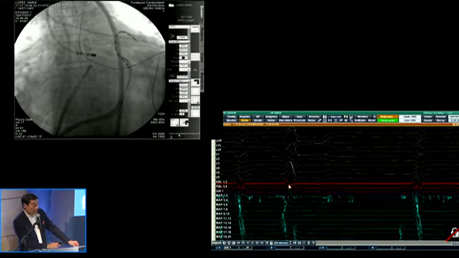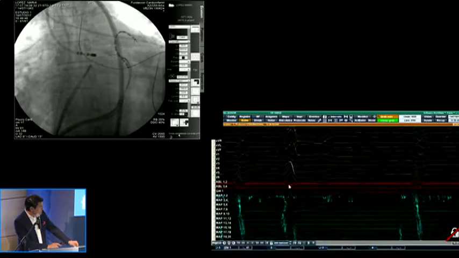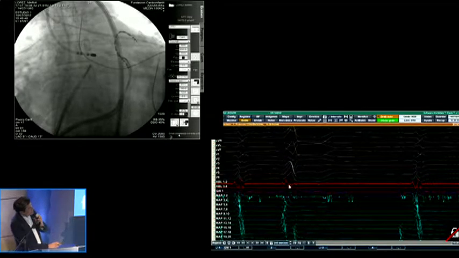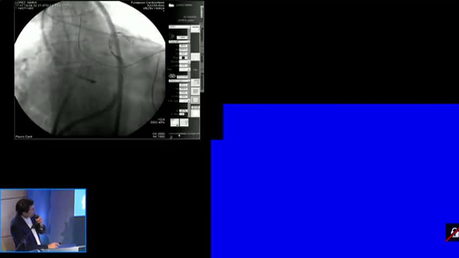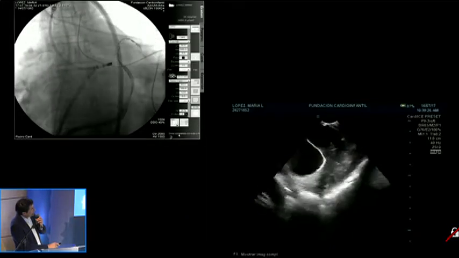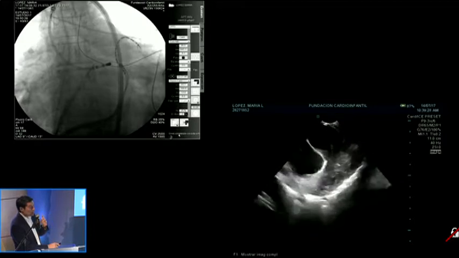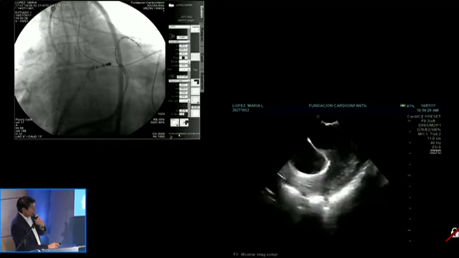Well, let's hear Diego's question. Where is the ablation catheter? Fermin, can you show us the intracardiac echo, the ICE? Yes, we would like the ICE and the fluoroscopy image.